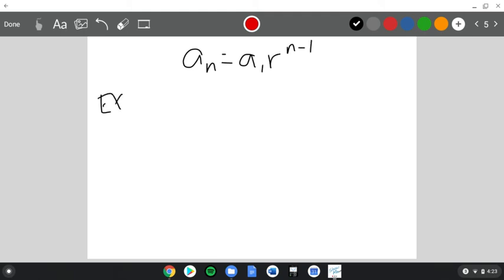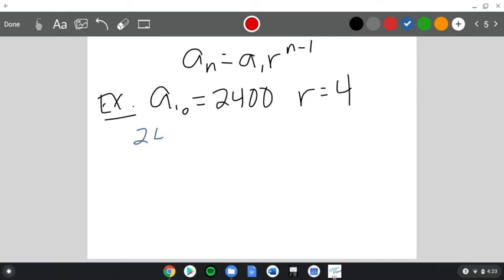And we are given that a sub 10 is 2400 and that r is 4. Filling into the formula then, we have 2400 is equal to a sub 1 times 4 to the 10 minus 1.